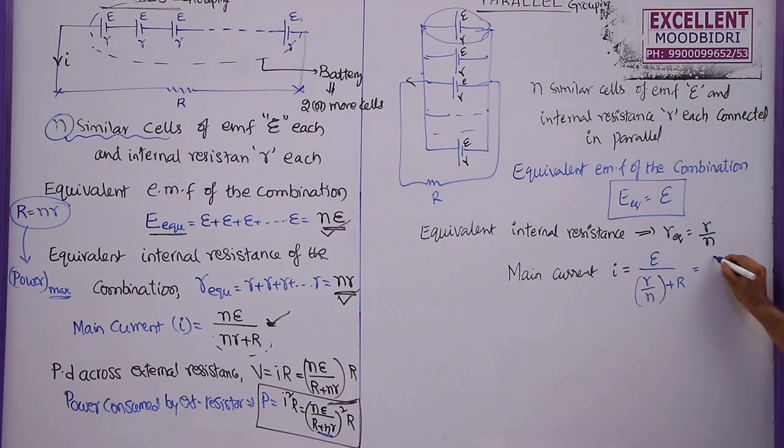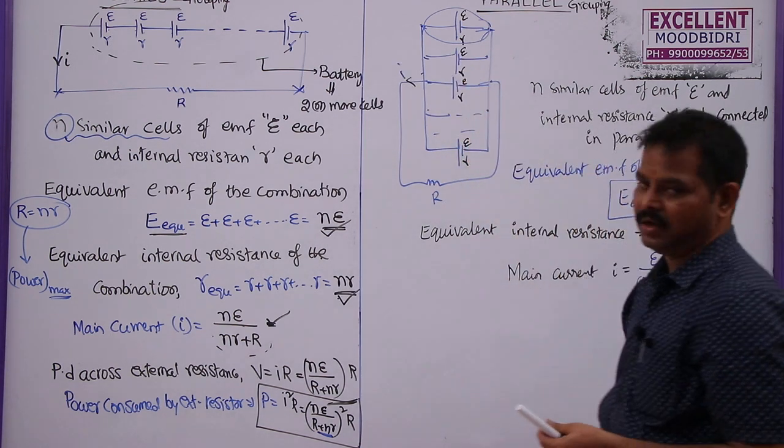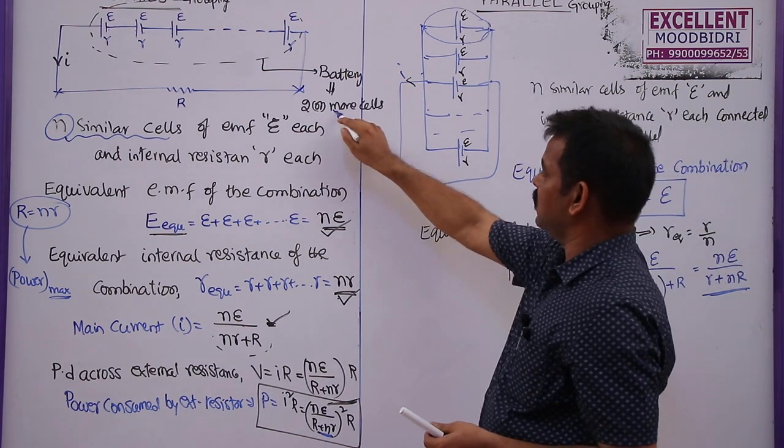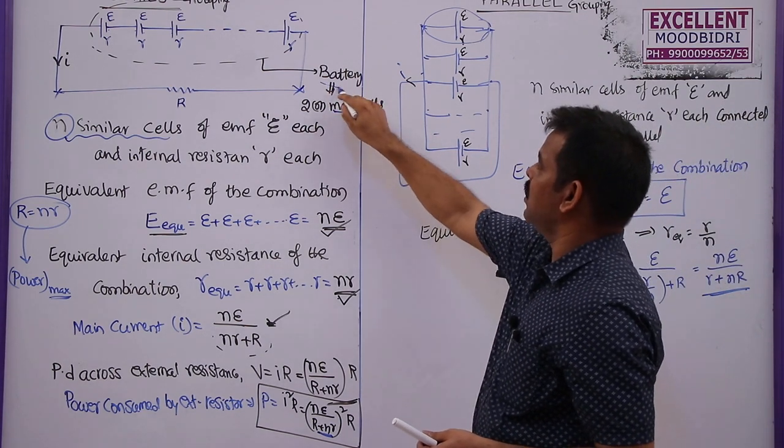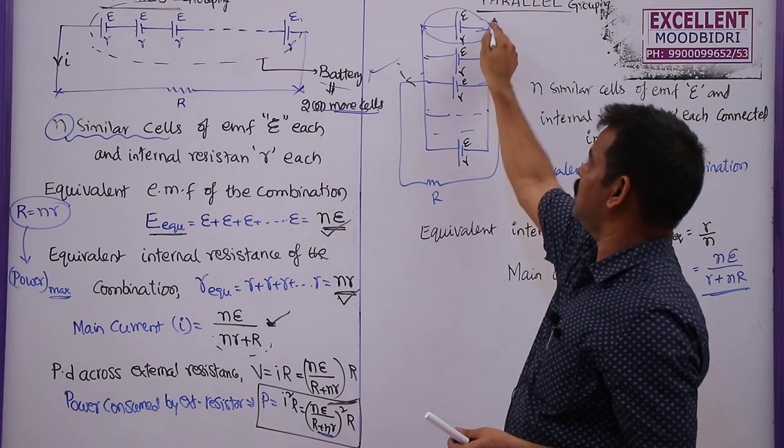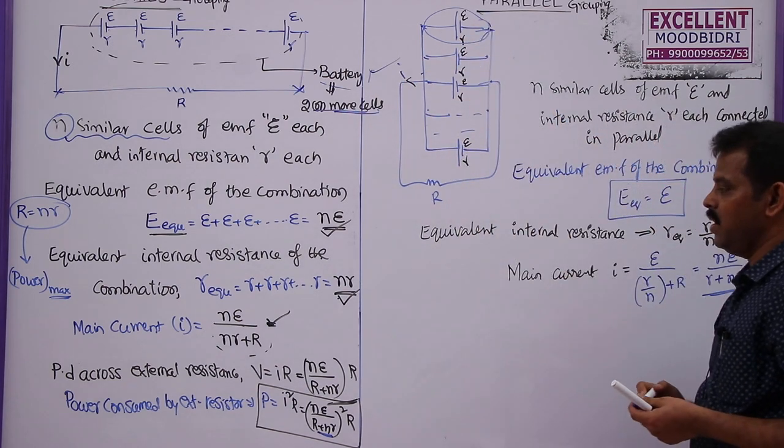If you take the LCM here, this becomes nE by (R plus nr)... This is the main current coming from this battery. Why? Because whether they are connected in series or parallel, a combination of cells is always called a battery. So this is also a battery.